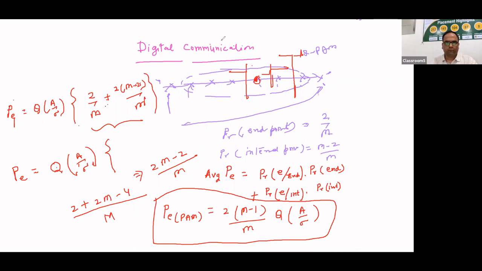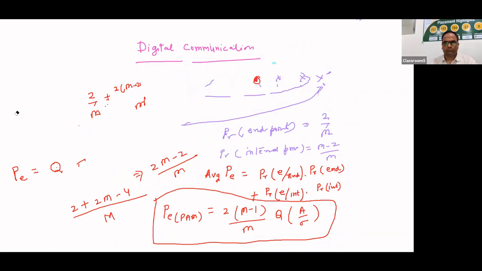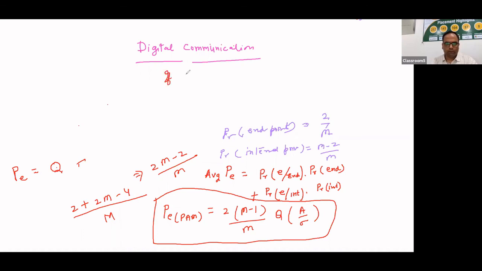So we should write here that if sigma square is equal to N0 by 2, it represents that sigma is equal to under root N0 by 2.